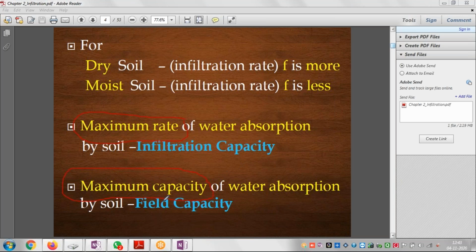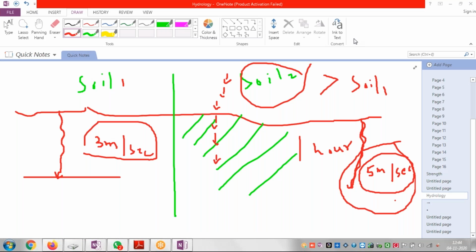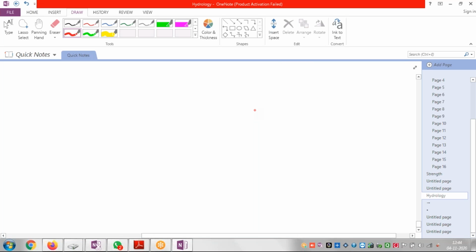The same thing is the maximum capacity of water absorbing by the soil. Means how much water can be absorbed by a soil? How much quantity of water can be absorbed by the soil in a day or in a second or in an hour, that will be called capacity.